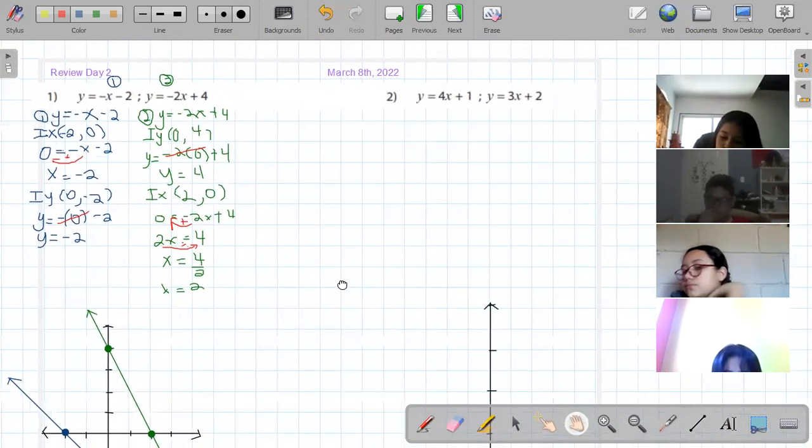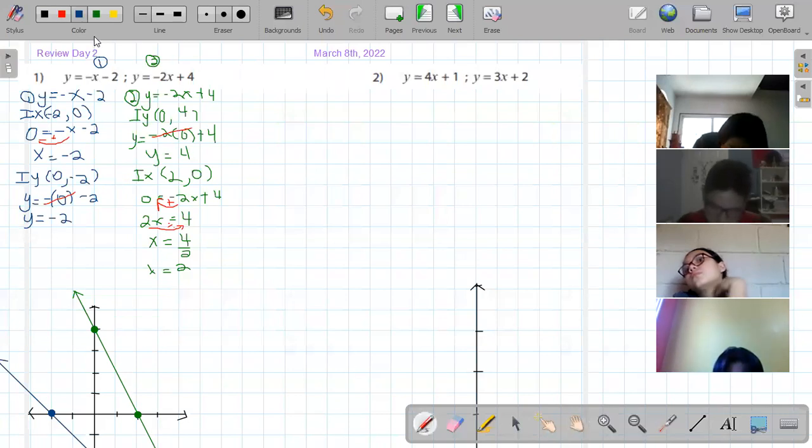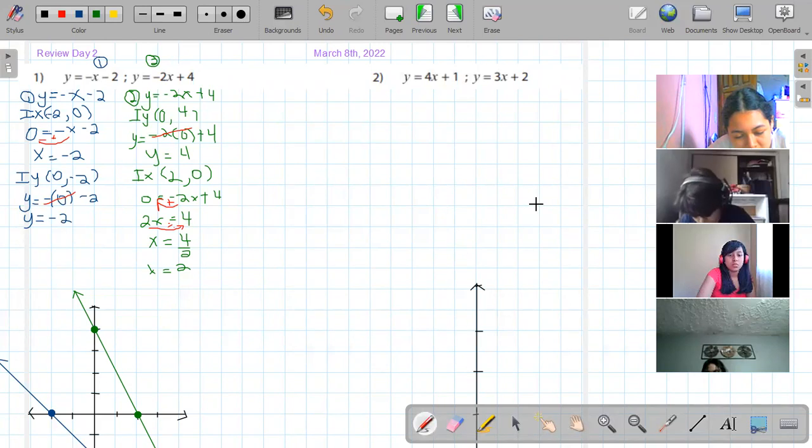So that is the first exercise. Any question about the first exercise? No? We're good? Okay, let's go with the second exercise. What is the first step in this exercise? What is the first thing that I need to do?